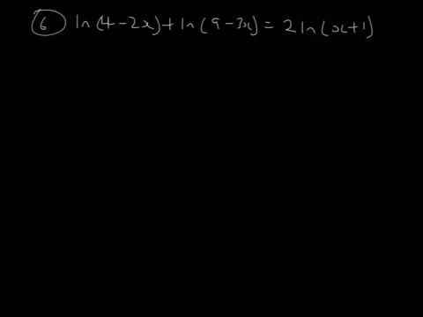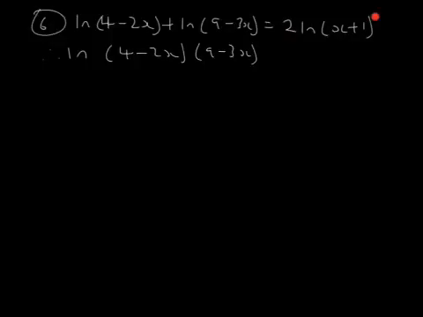Now in question 6 part A we have to solve this equation. So let's write everything inside the logs. So we've got 4 minus 2x, it's plus, so that's 4 minus 2x times 9 minus 3x.